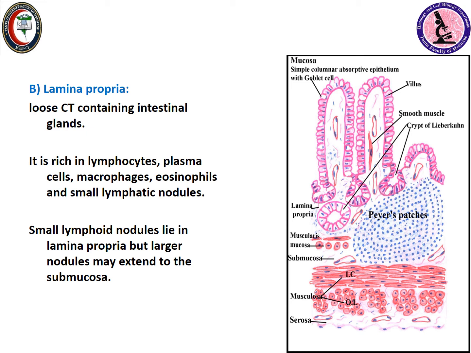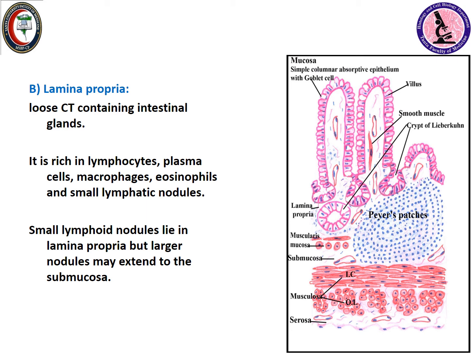Now the second layer of the mucosa, which is the lamina propria. It is a layer of loose connective tissue containing intestinal glands. This layer is rich in lymphocytes, plasma cells, macrophages, eosinophils, and small lymphatic nodules.